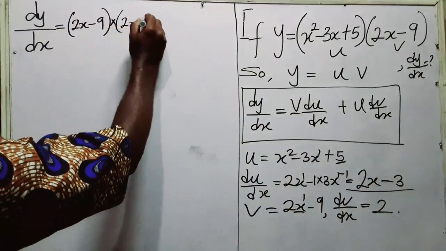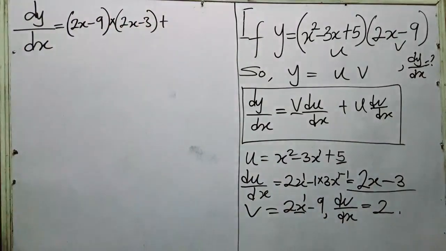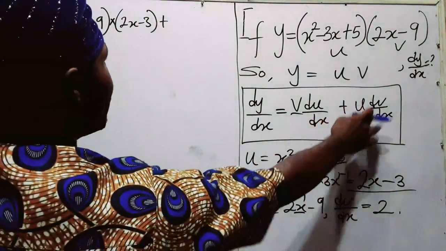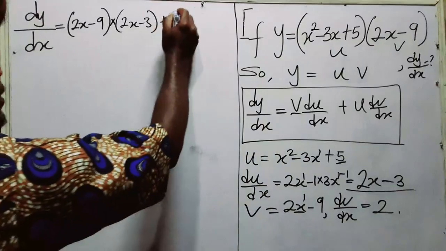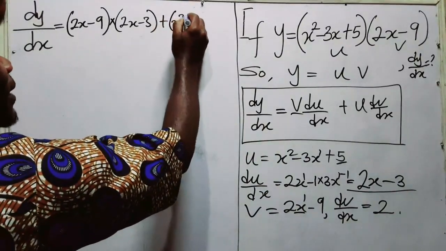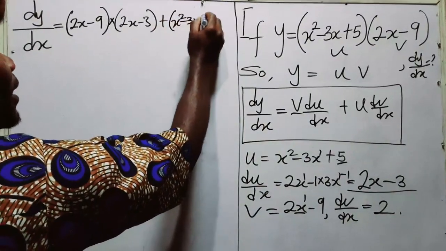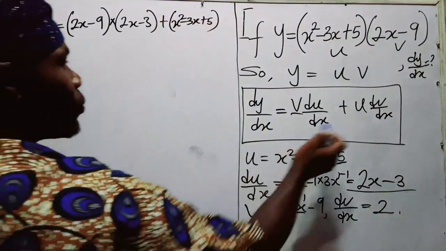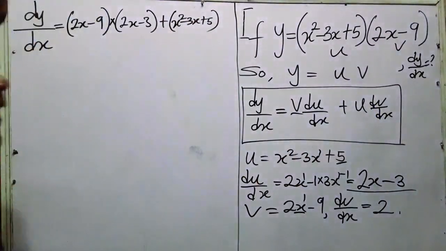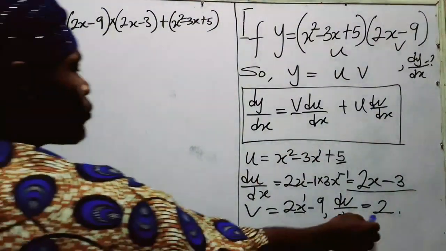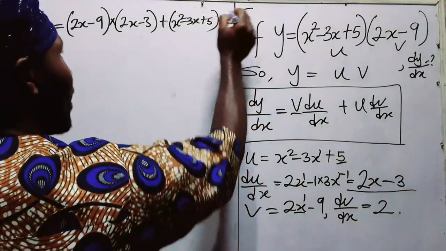We have 2x minus 3. Now plus u dv/dx. The value of u is x squared minus 3x plus 5, times dv/dx, which gives 2, as we got before, times 2.